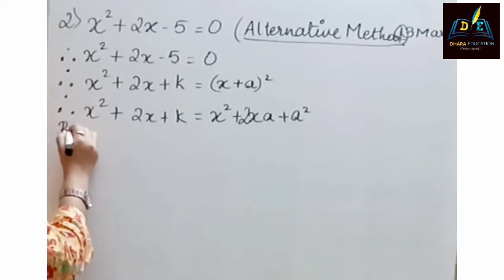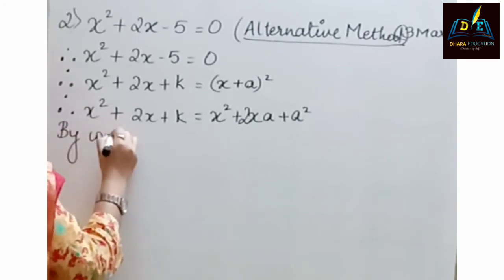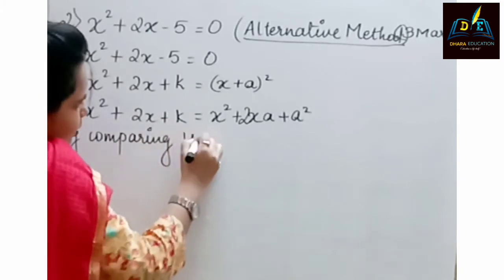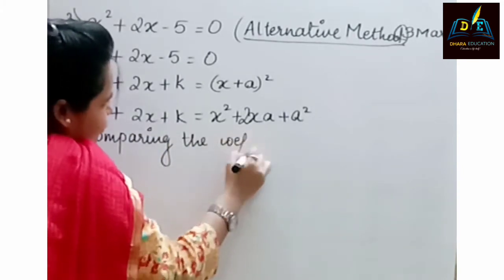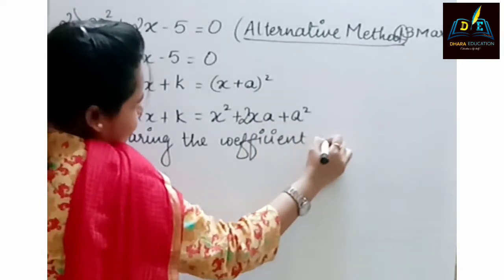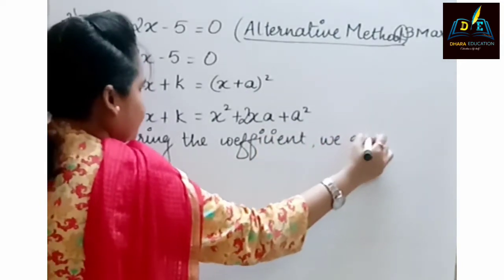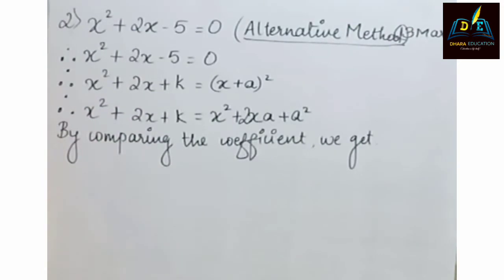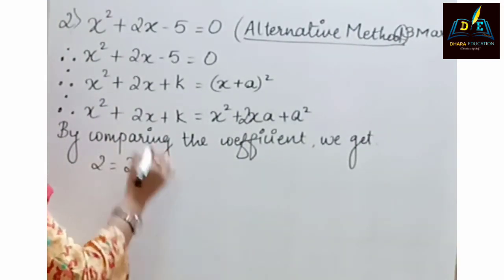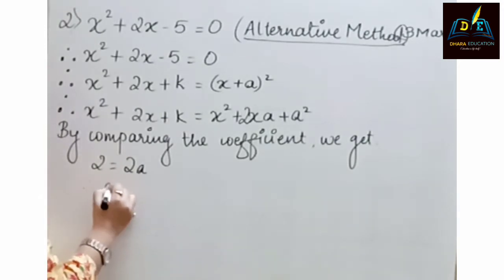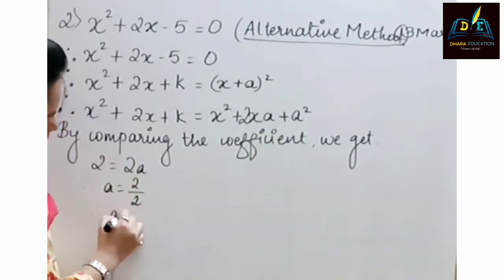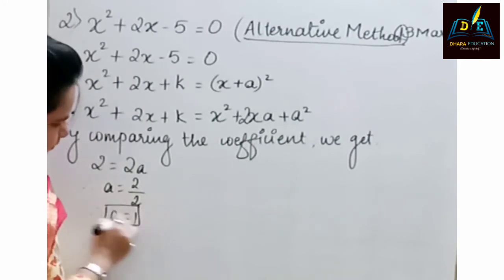By comparing the coefficients we get, so now 2 is equal to 2a, wherein a is equal to 2 upon 2, therefore a is equal to 1.